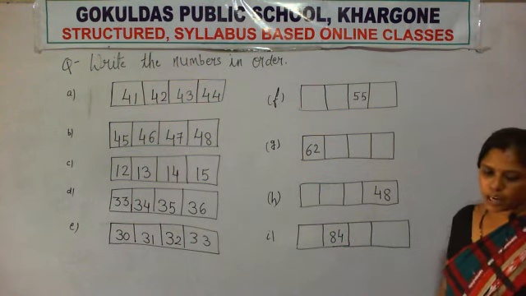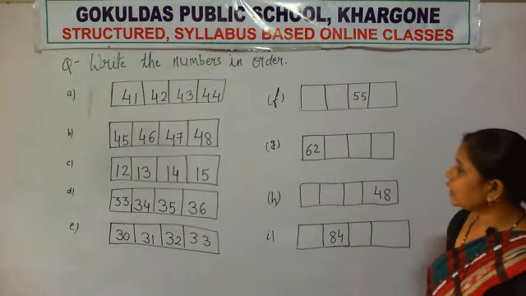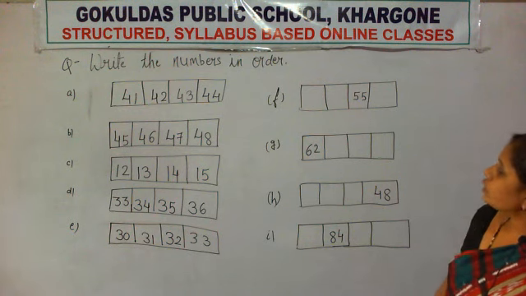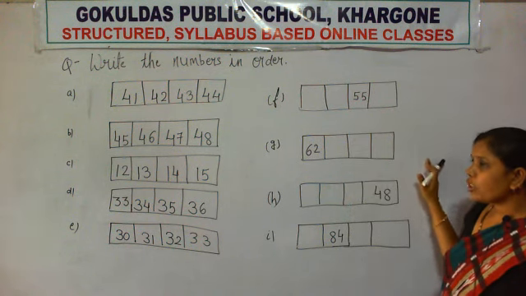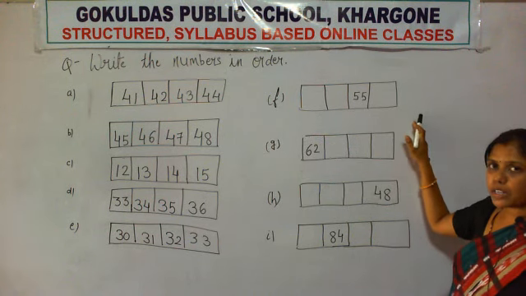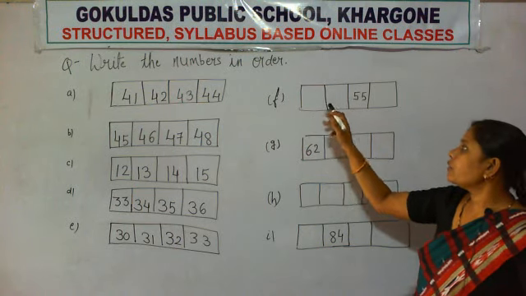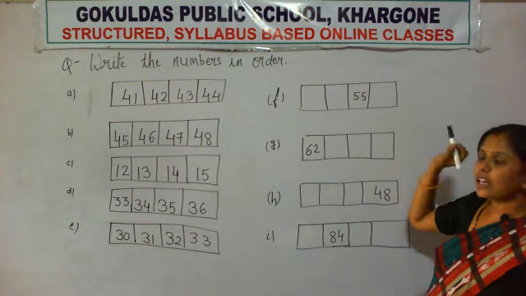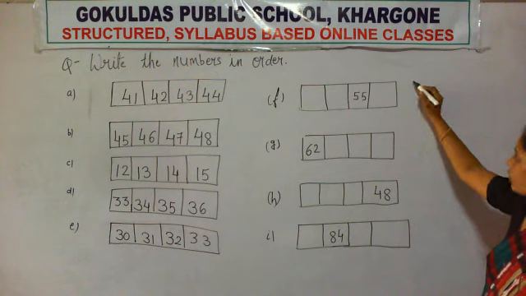Don't take the help of your parents. I know all of you know counting, because we have written counting till 100, and now all of you know the order of a number. If a box is given before the number, you have to write the before number. If a box is given after the number, you have to write the after number. If 2 boxes are given before, you have to write 2 numbers before the given number. If one box is given, you have to write only 1 number. Okay, so copy this question.